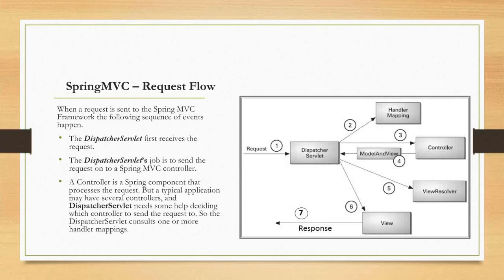First of all, the dispatcher servlet will receive the request. Its job is to send the request to the Spring MVC controller. The controller is responsible for processing the request, as I told you.